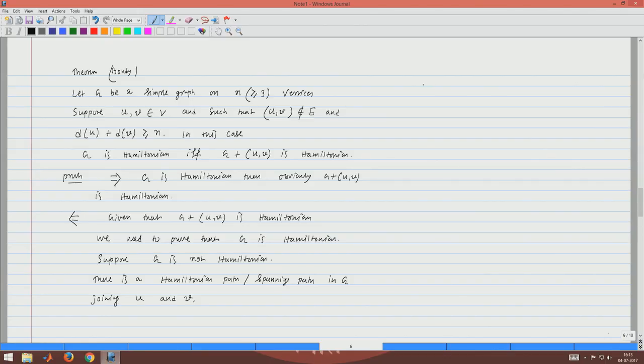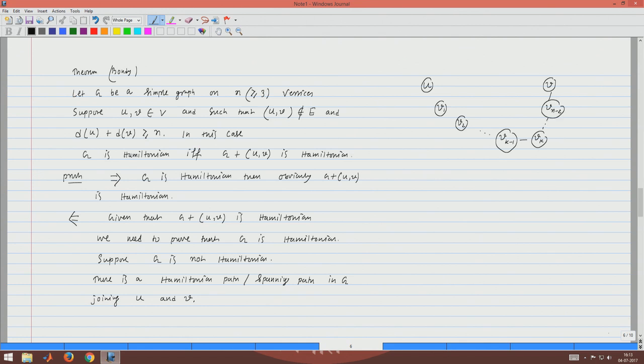So, a very similar argument. So, u and v, and there is a spanning path joining them: v1, v2, exactly the same proof, vk minus 1, vk, vn minus 2.